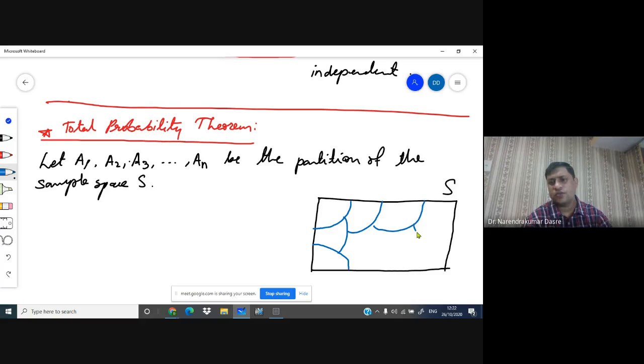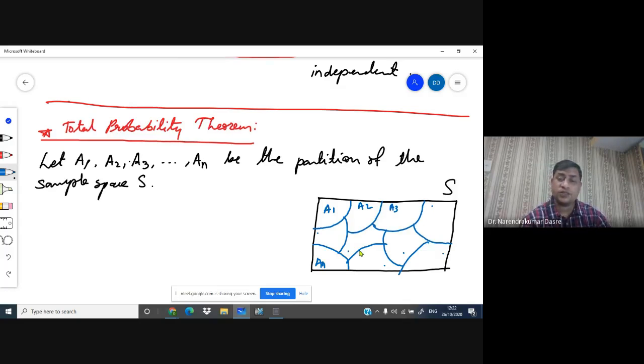Suppose this is the partition: this is event A1, this is event A2, A3, and so on, and finally we have AN.